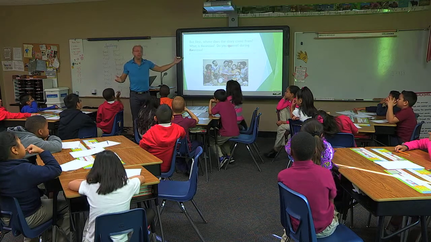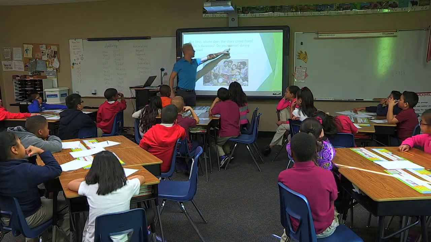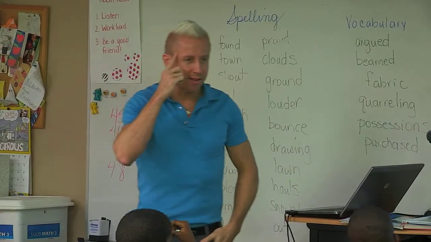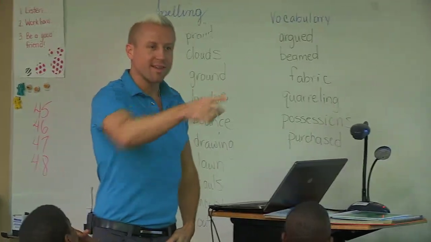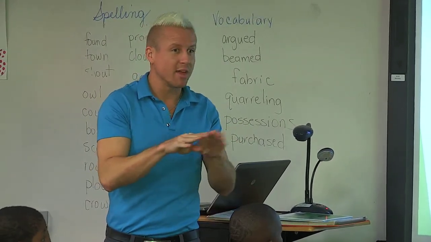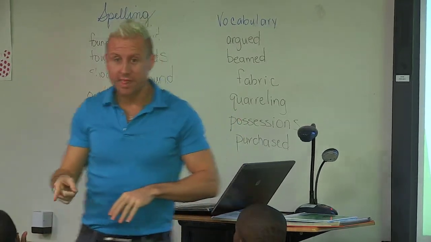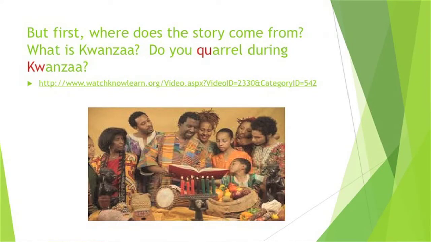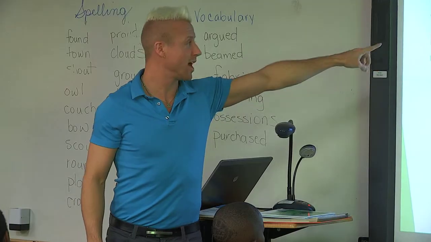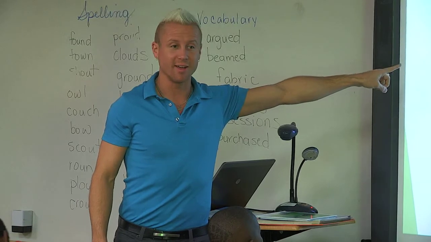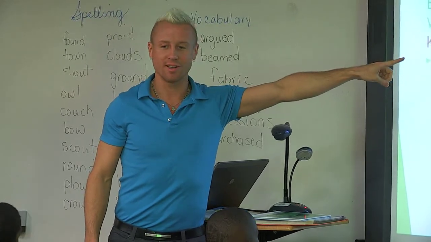Real quickly, why do you think I have the QU in red and the KW in red? Think about it. Because they sound the same. Can you compare those for me? Kwa, qua, yeah? So the difference is that the QU says qua, but it's spelled with two different letters, Q and U. And then you have the Kwanzaa, and that qua is spelled differently with the K and the W. What's another QU word?